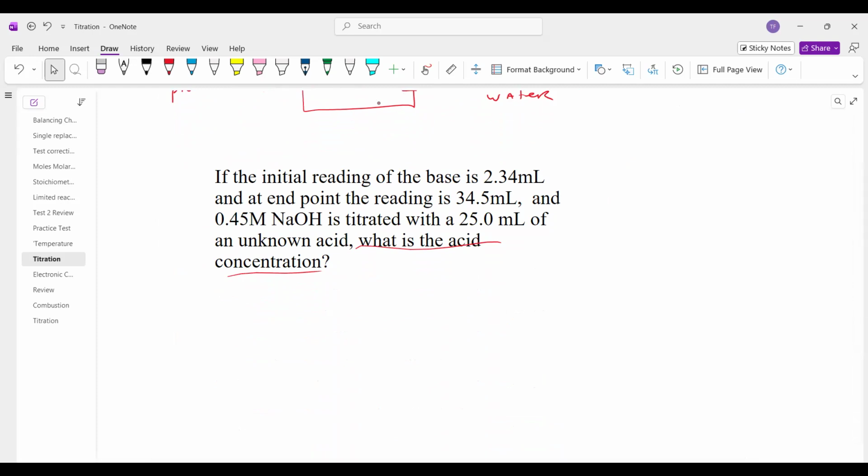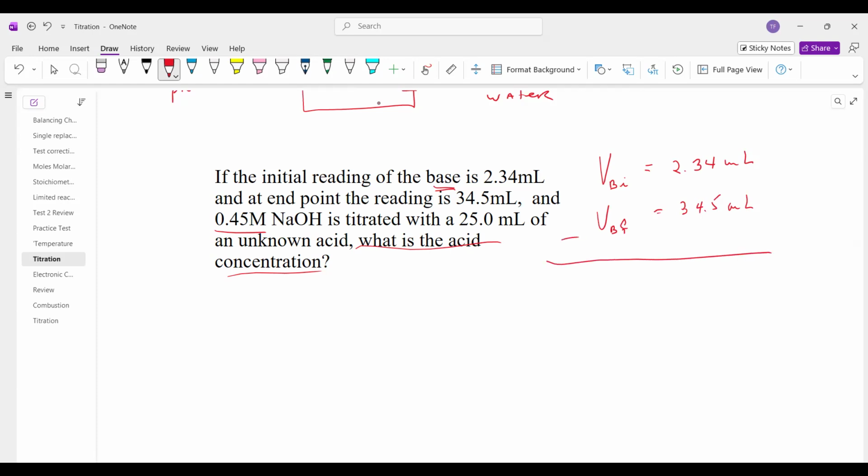For this problem, we're starting at 2.34 instead of zero. So we've got our base. The concentration of the base is 0.45. The initial reading is 2.34. The final reading is 34.5 milliliters.